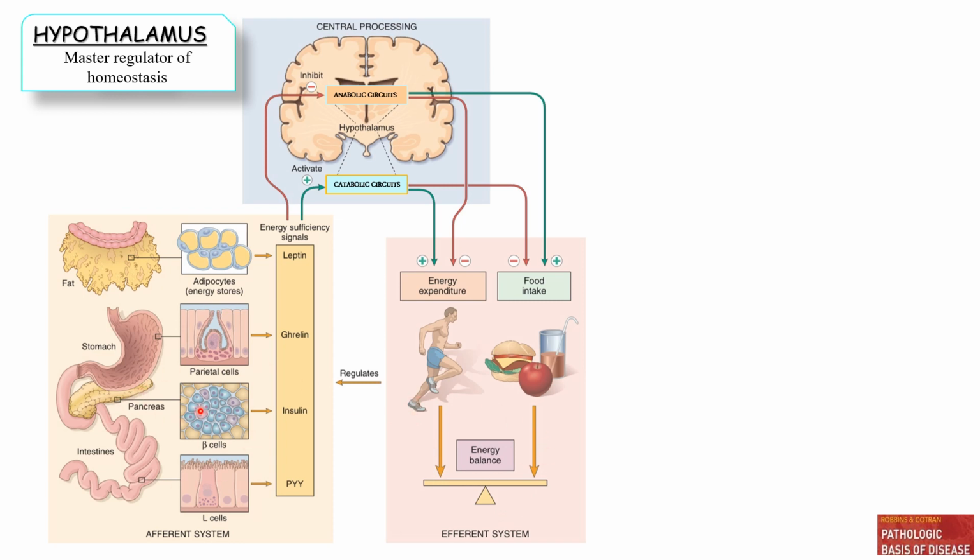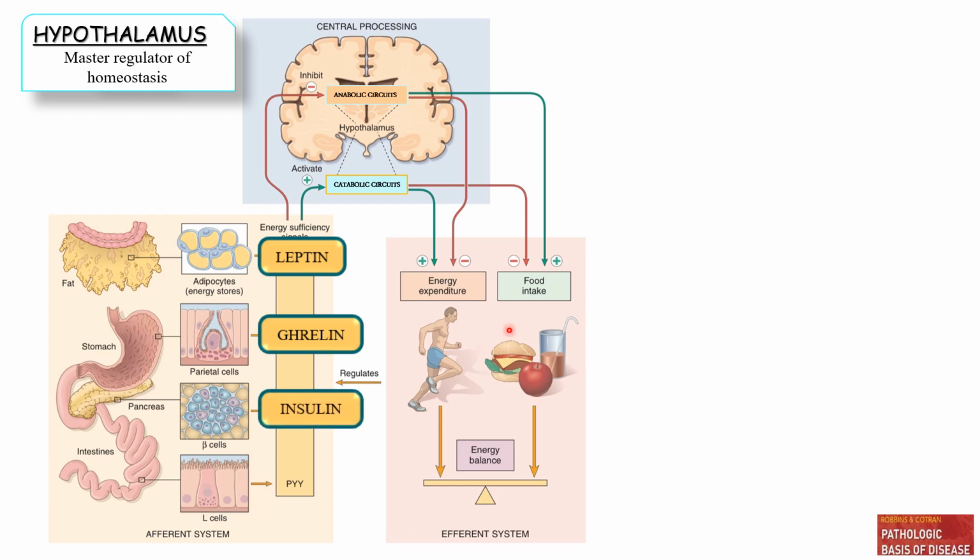The afferent system or the peripheral system consists of signals which are generated from various sites, and the most important of them are leptin secreted from the adipocytes, ghrelin secreted from the parietal cells of the stomach, insulin secreted from the beta cells of the pancreas, peptide YY secreted from the L cells of the intestine.